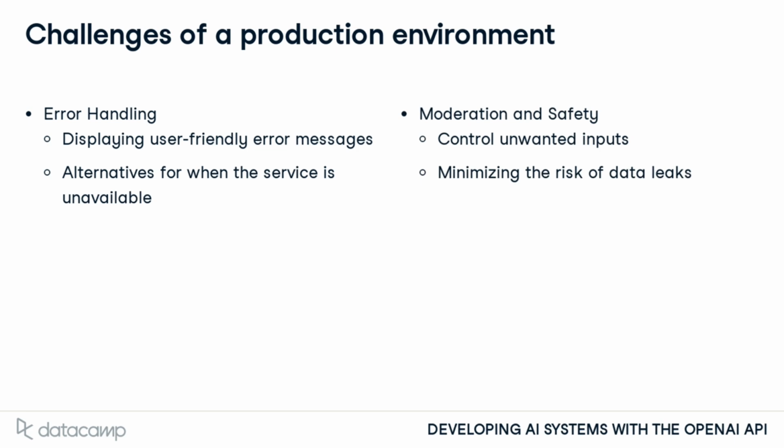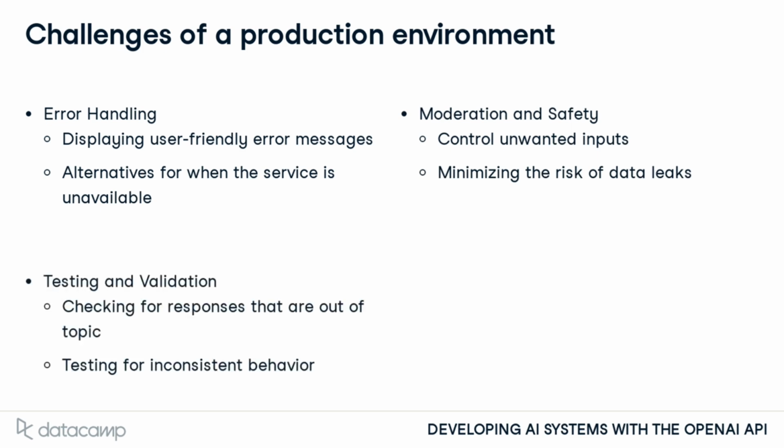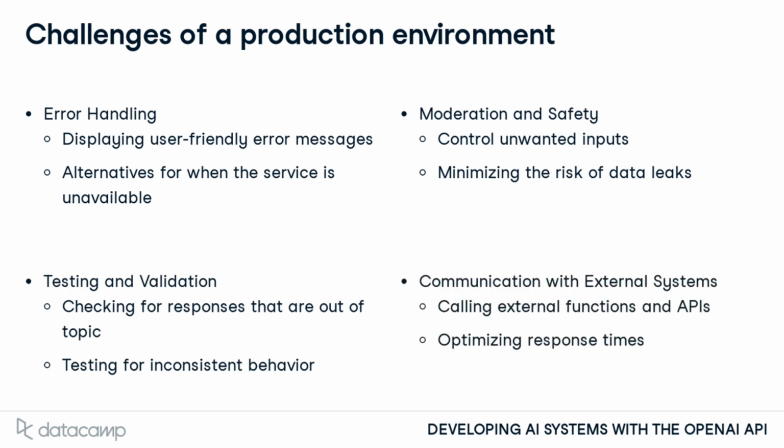It should include moderation and safety features, such as handling of unwanted inputs and safety of ingested data, including minimizing the risk of data leaks. It should also include testing and validation to avoid responses that are out of topic and inconsistent behavior. Finally, it should be structured to easily interface with external applications, functions, and APIs, optimizing response times.